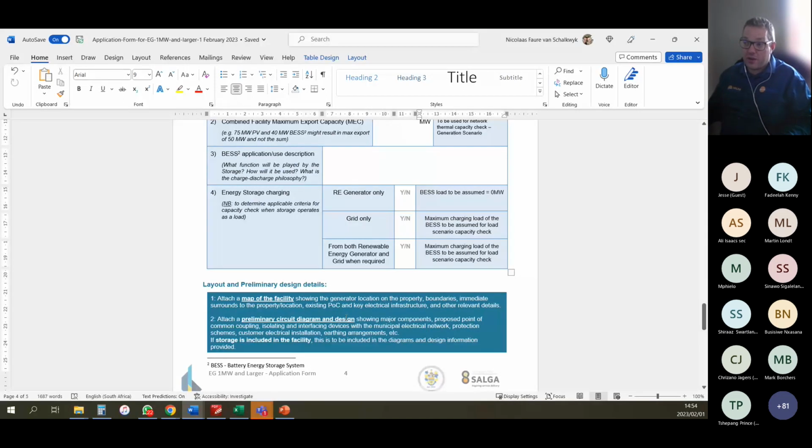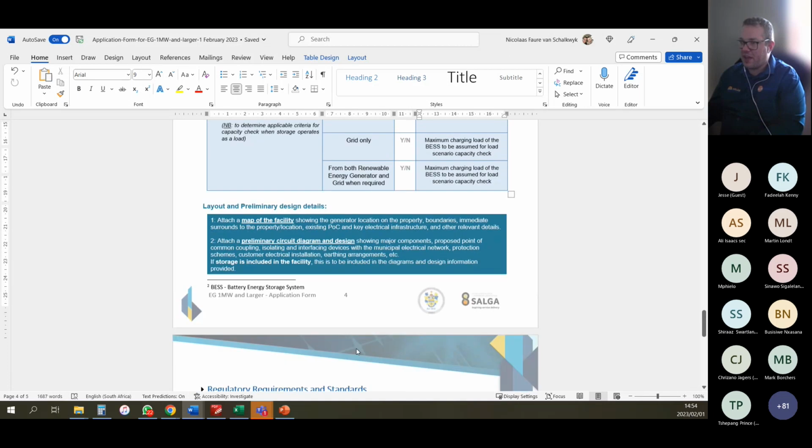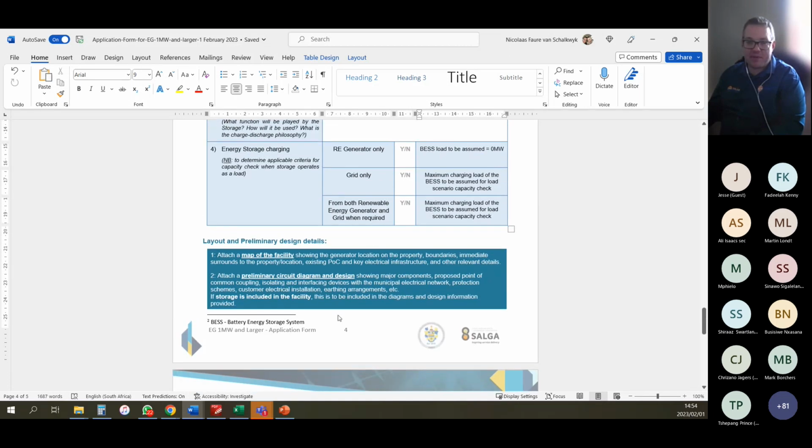I'm of the view that we can even argue that some of this information should be required for your SSEG applications, not just EG. So it is being listed here, and that's something that needs to be submitted with the application when they do apply. And again, compiling these types of circuit diagrams is not just going to be a standard developer. He needs to be really clued up to do this.